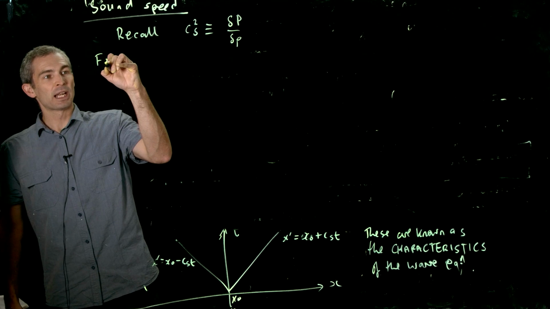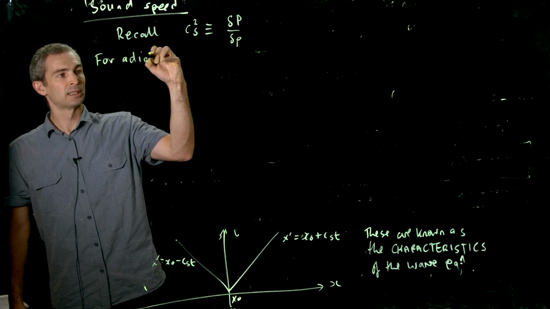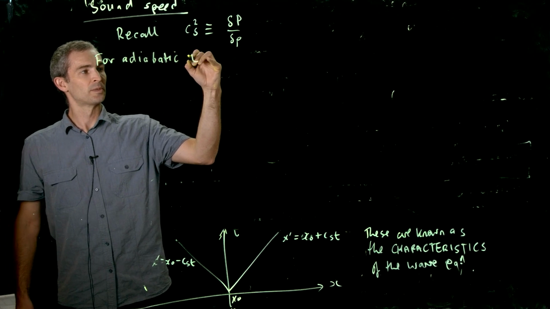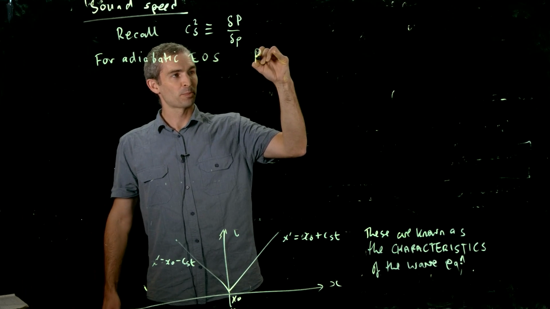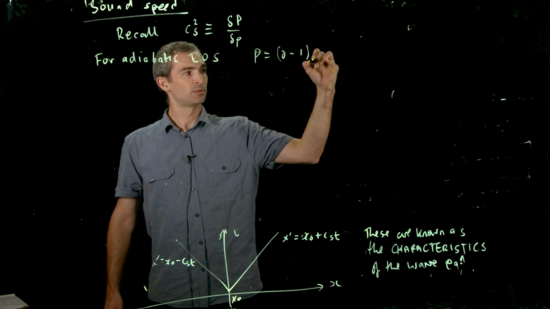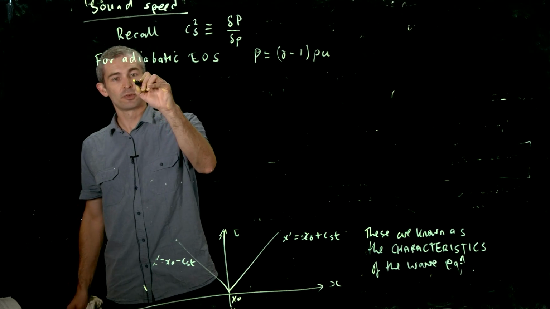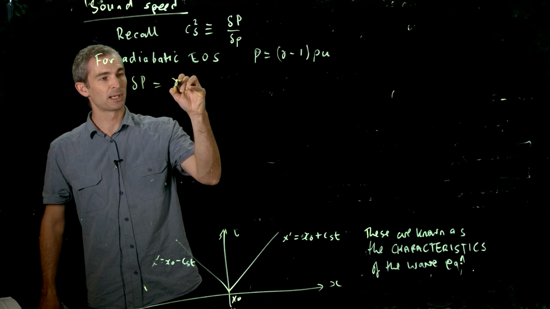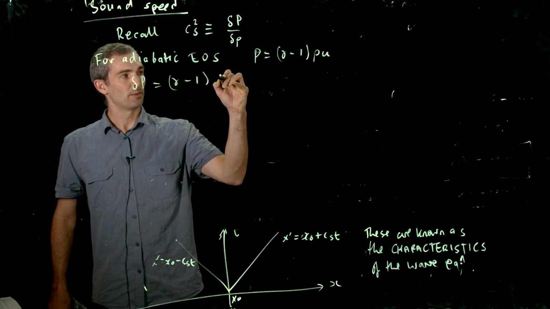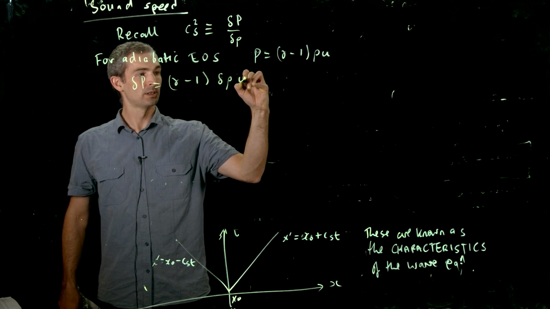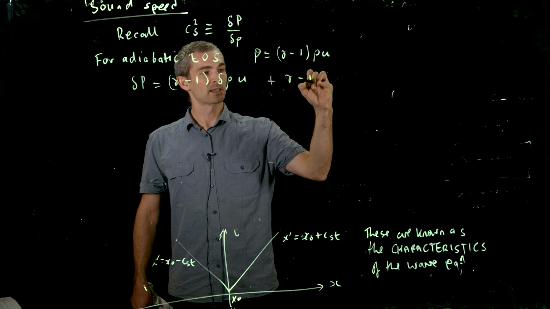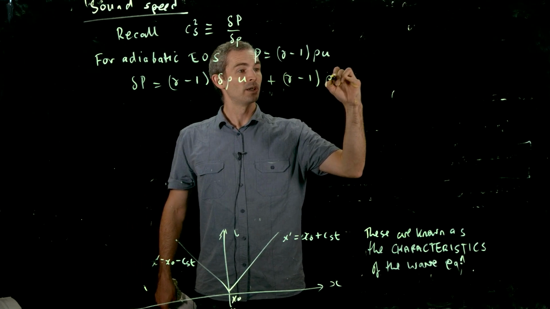So for an adiabatic equation of state, we have P equals gamma minus 1 rho u. And that means, therefore, that delta P is gamma minus 1 delta rho u plus gamma minus 1 rho delta u.